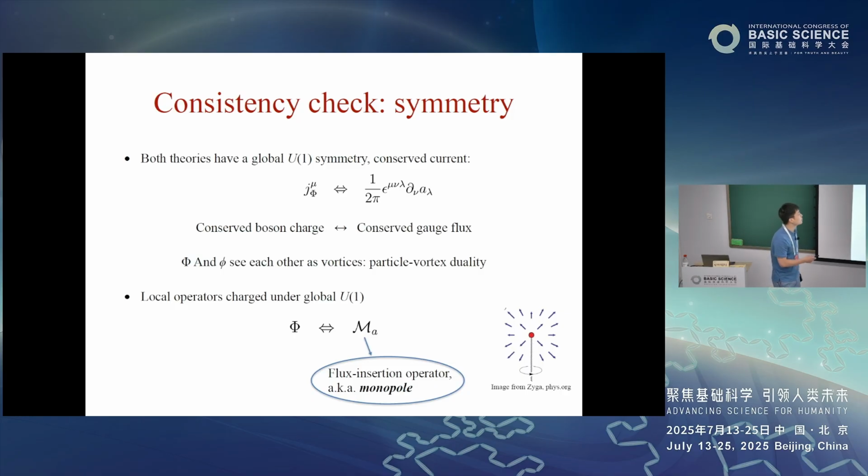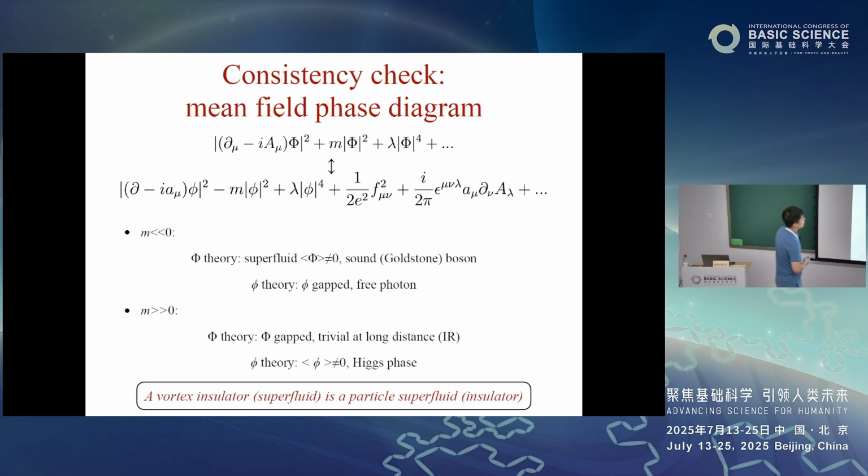This normalization means that it's an operator that creates flux 2π, which by definition is a monopole or instanton operator in the 3D gauge theory. So the statement is that these two operators map to each other. Okay. So that's a check in terms of symmetry and local operator content.